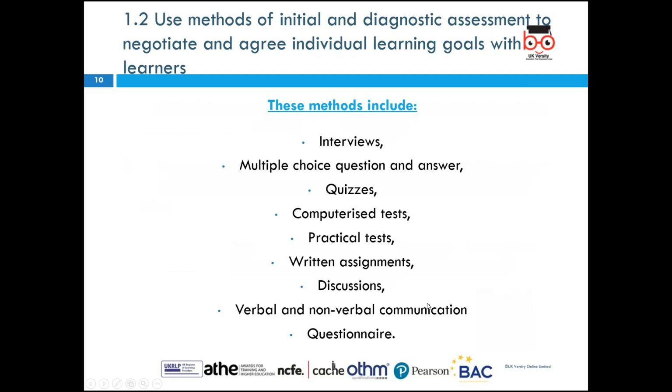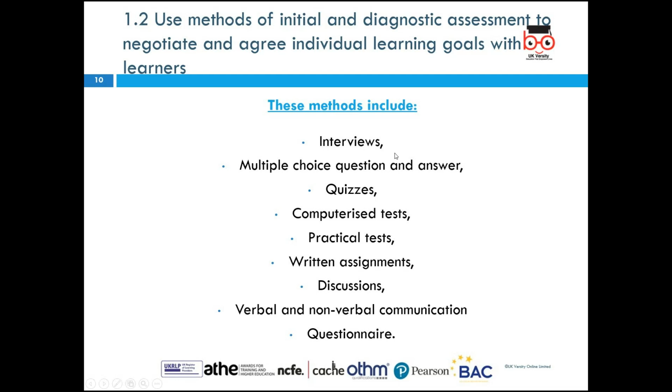So these methods, and you've come across these before, they include things like interviews, multiple choice question and answer, and not all of these are age appropriate, so you'd have to decide which ones are age appropriate for your students. Quizzes, computerized tests, practical tests, written assignments, discussions, verbal and non-verbal communication like observations and conversations, and questionnaires.